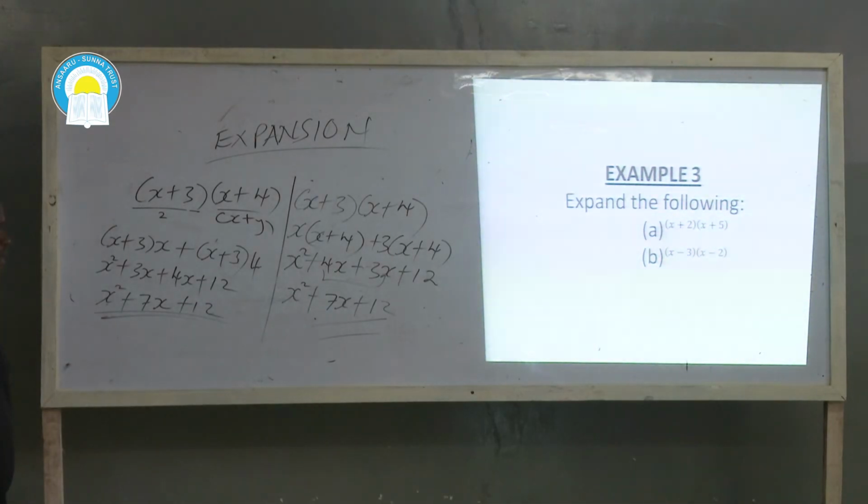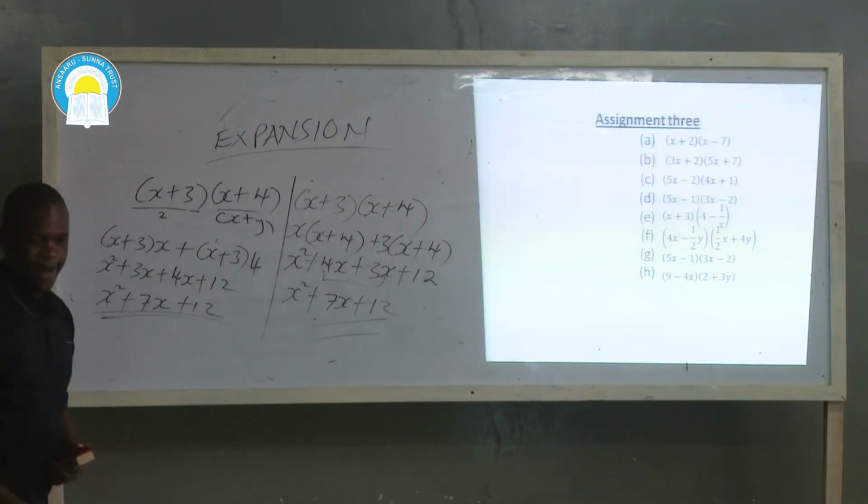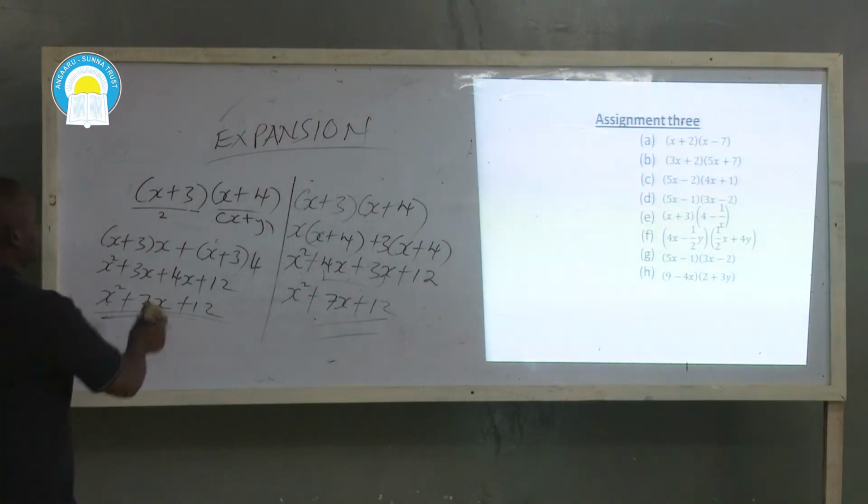Is that okay? So we've learned how to expand an expression of this nature. Now just maybe give you a question or two, then we go to something else. So put down the following questions. Expand.